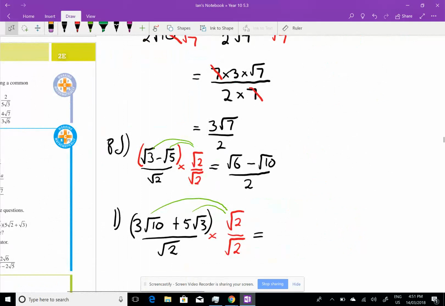So 3 root 5 root 2. Oh no, I won't do it like that. I'll expand it out for you later. So 3 root 10 times root 2 plus 5 root 3 times root 2. And all over I get 2.